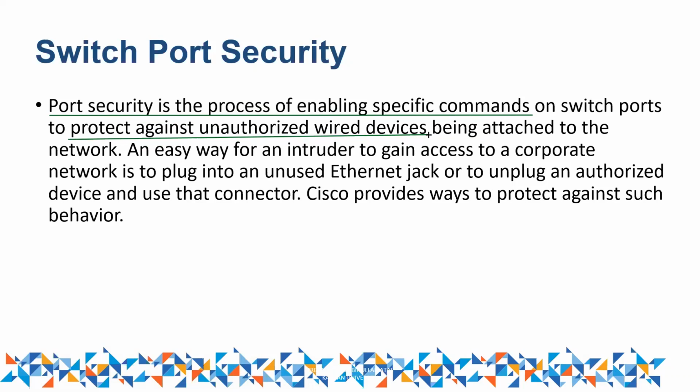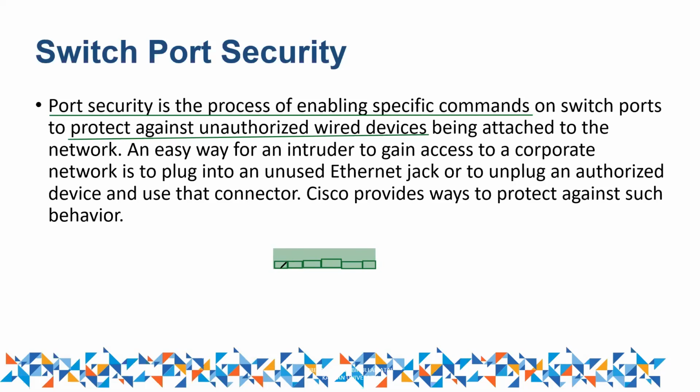So what does it mean? Let's assume that this is a switch. The switch consists of different ports. For example, these are the ports of the switch. Let me draw a few of the ports. For example, this switch consists of 6 ports.